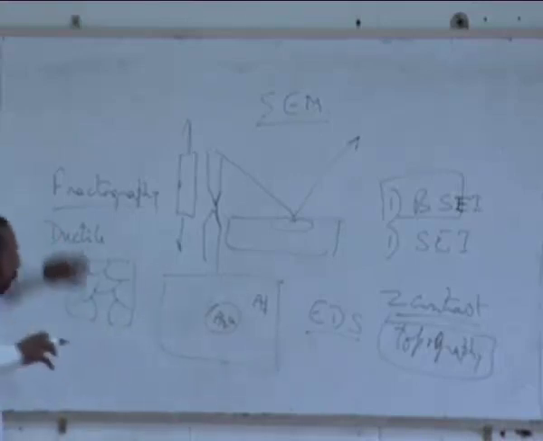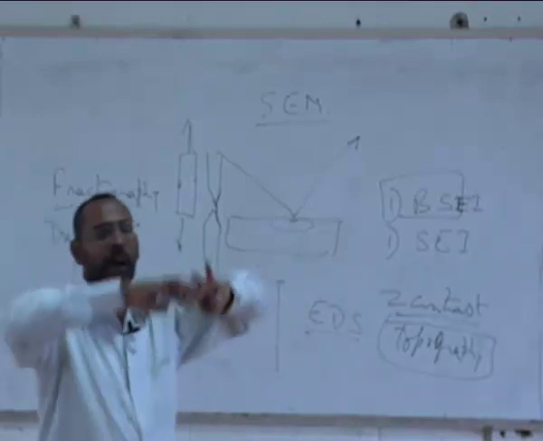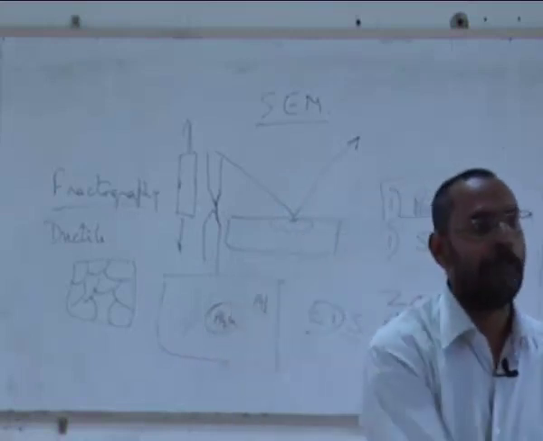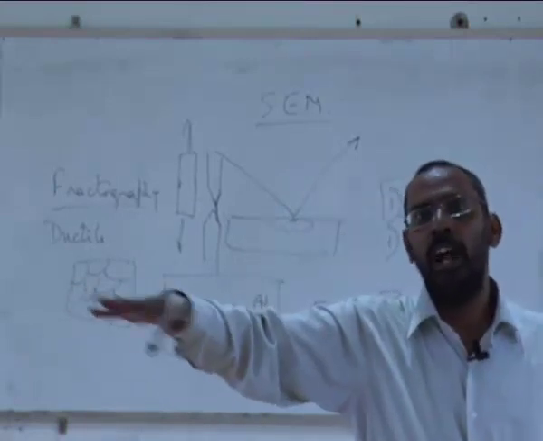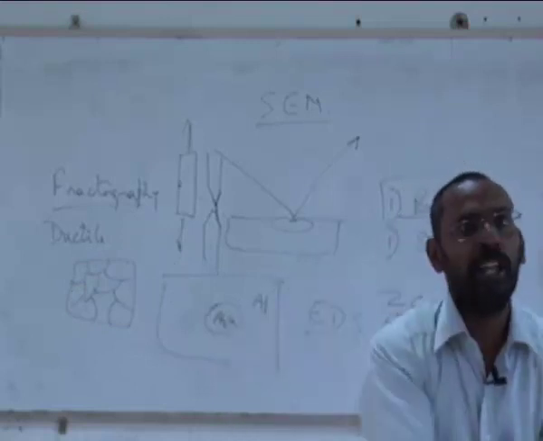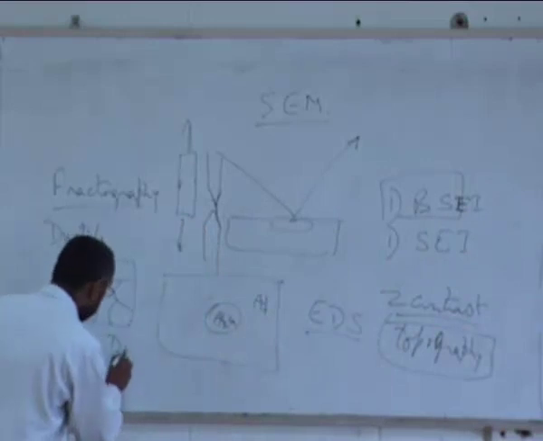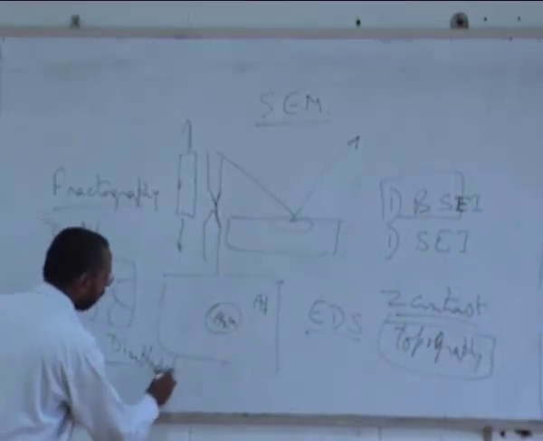If I cut a void, how does it look? It looks like a hemispherical cap. If there is a hole inside a material, I cut that hole and look at it, it looks like a dish, and this dish is what is called a dimple. So this is called dimpled fracture.